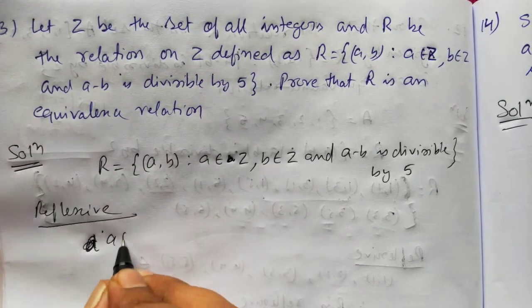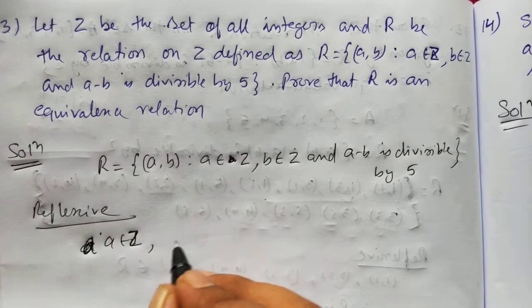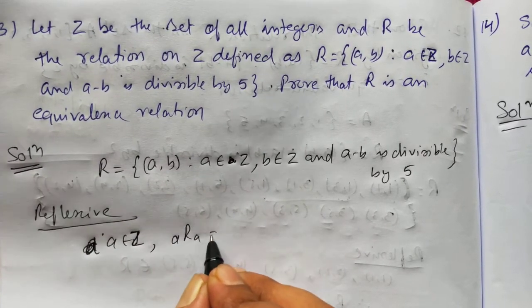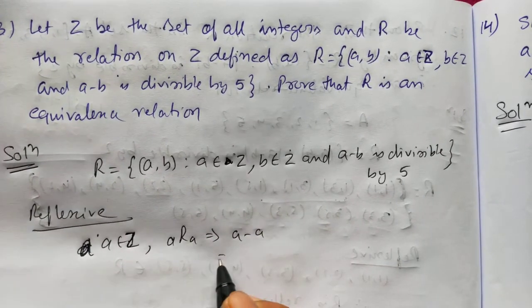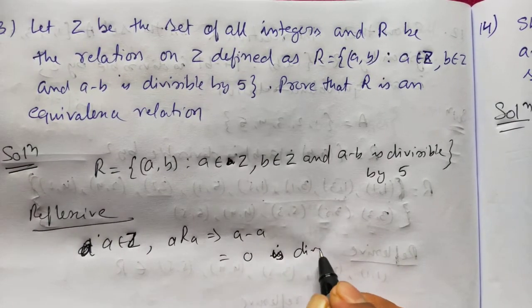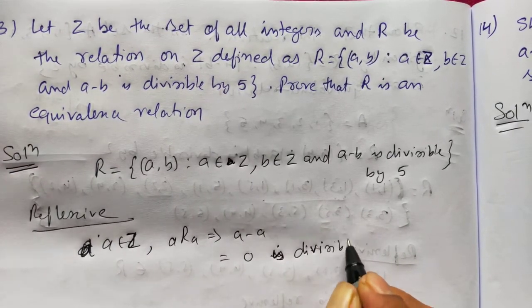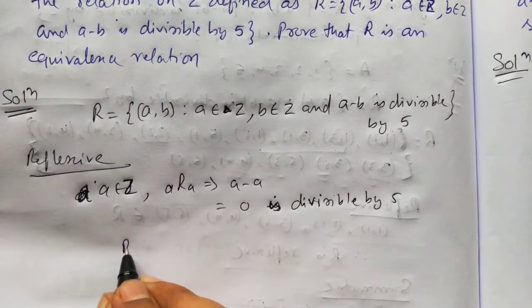If A belongs to integers, you have to check A R A. A minus A, we get 0, which is divisible by 5. So R is reflexive.